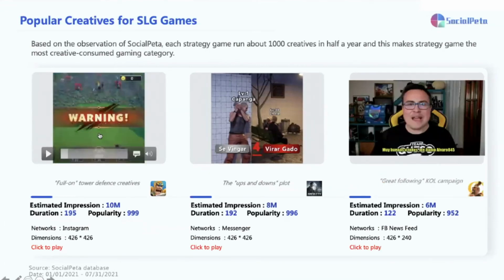So based on the observation of SocialPeta, each strategy game runs about 1,000 creatives in half a year, and this makes strategy the most creative-consuming gaming category. So let's go through some classical creative ideas.